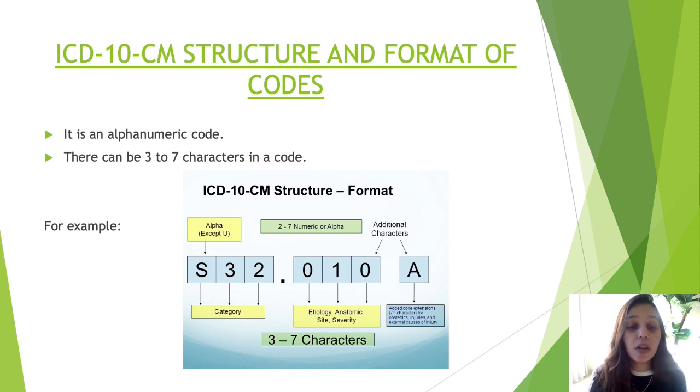Now coming to the seventh character. The seventh character is an added code extension which further gives information on whether this is an initial encounter, meaning the patient has come for the first time, or a subsequent encounter, a second visit, or a sequela of some previous disease. Accordingly you will give your seventh character.